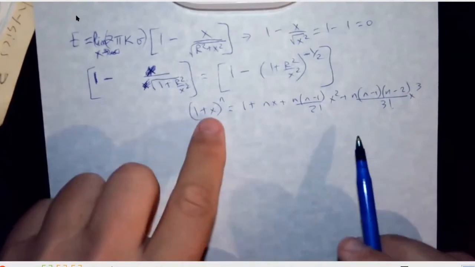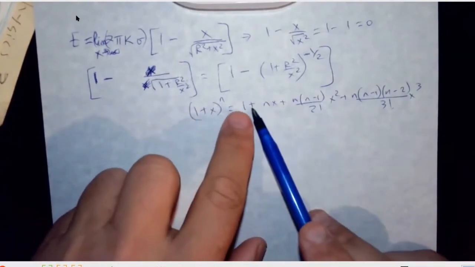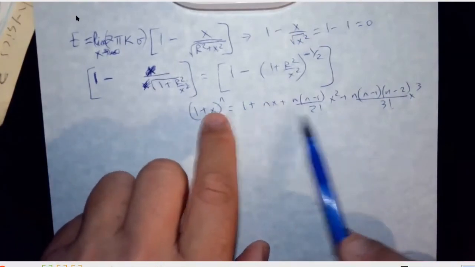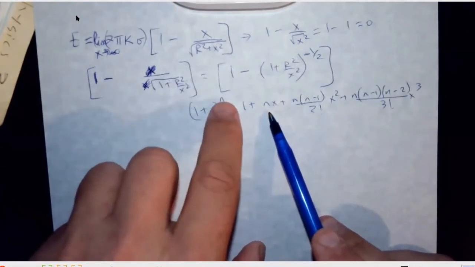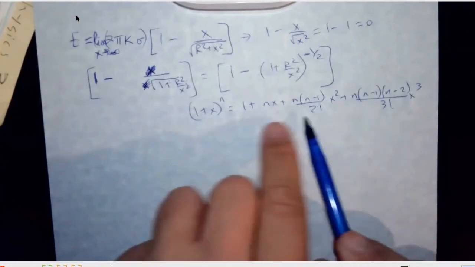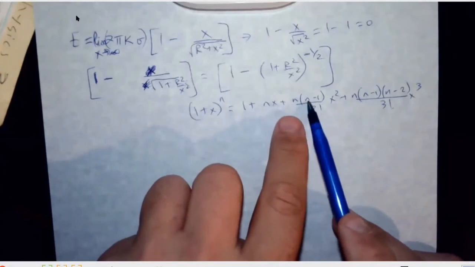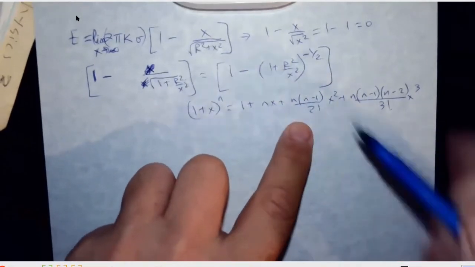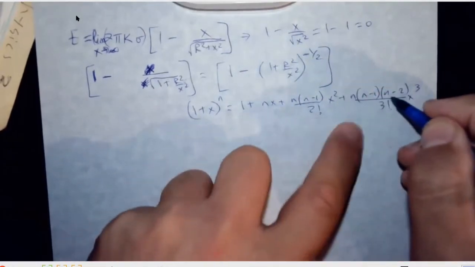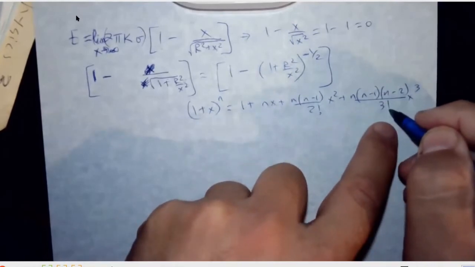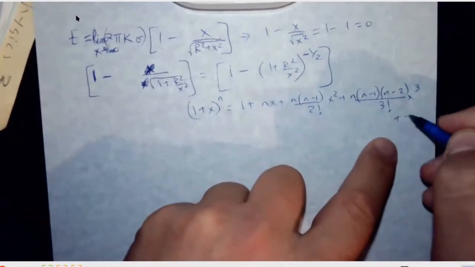You see, when you have something like this, an infinite Taylor series expansion, a power expansion, this can always be written like this: 1 plus nx plus n times n minus 1 over 2 factorial times x squared plus n(n minus 1)(n minus 2) over 3 factorial, and then it goes on forever.